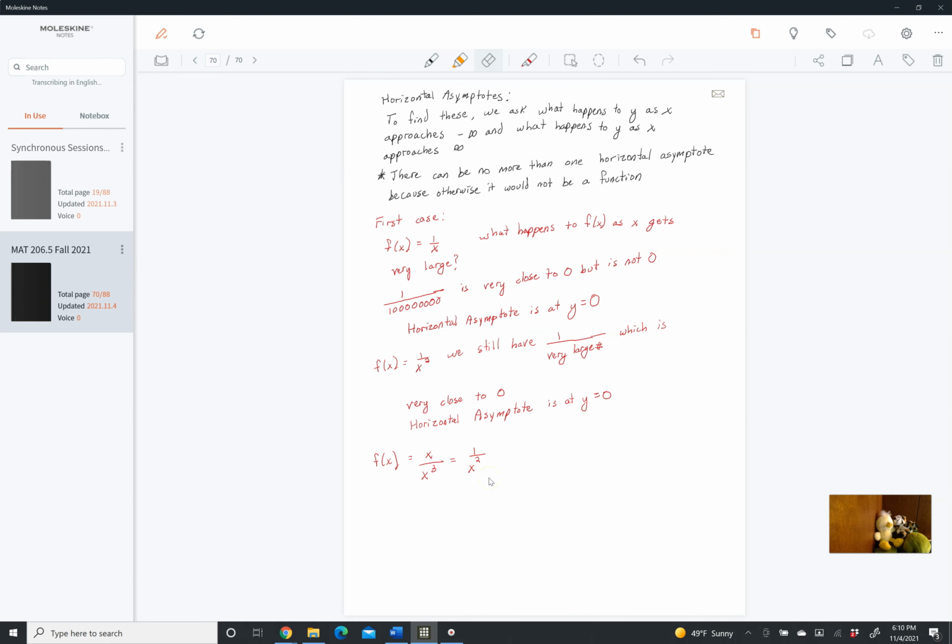And we already know that this is 1 over a very large number, which is close to 0. So once again, the horizontal asymptote, which I'm going to start abbreviating as HA.